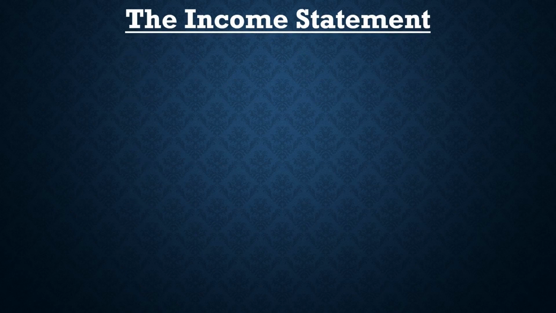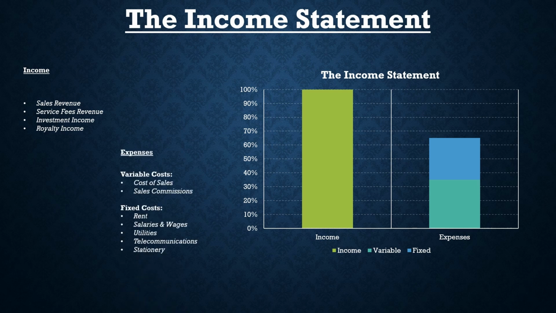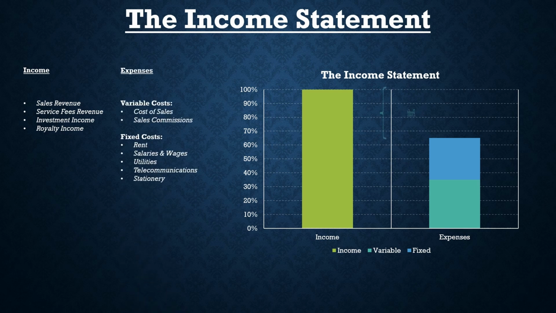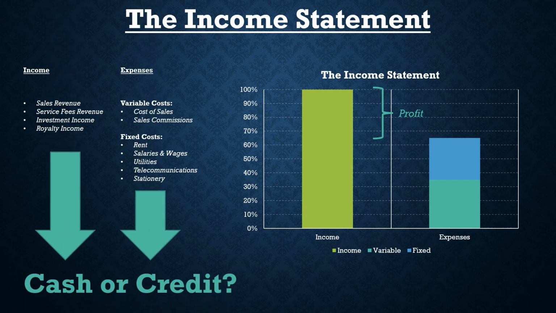Previously, in video number 24, we were introduced to the income statement. It listed our various types of income, subtracted our various expenses, and helped us calculate our profit. However, something that the income statement didn't do was clarify whether these transactions were made in exchange for cash or on credit.